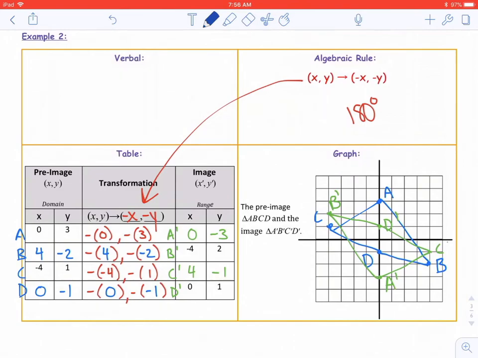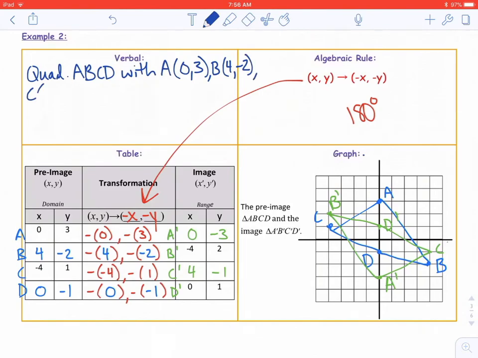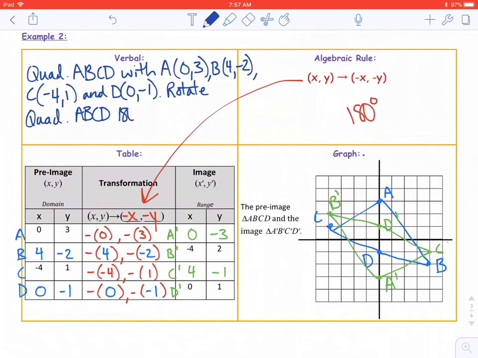So let's just say quadrilateral ABCD with A at 0, 3, B at 4, negative 2, C at negative 4, 1, and D at 0, negative 1, we're going to rotate quadrilateral ABCD 180 degrees.